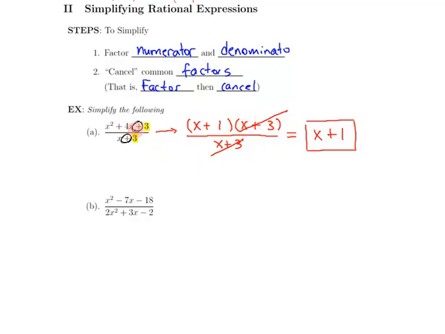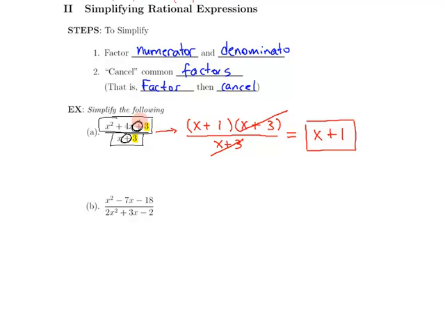Now, over here, you have a plus 3 on top and a plus 3 on bottom. Okay? They're not divided by each other. In fact, it's this whole thing here that's divided by this whole thing here. It's not the 3 divided by the 3. Okay? It's the plus sign that means you can't do that. So here's what you should think.